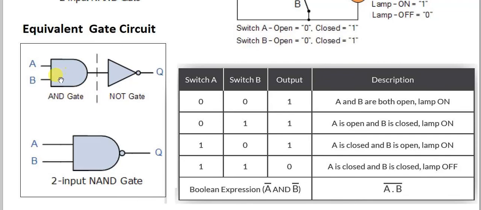So again, for inputs 0 0, 1 0, 0 1, 1 1, we get 1 1 1 0. In case of the AND gate we get 0 0 0 1. But the NAND gate means the inverter of the AND gate, and we get 1 1 1 0. That is the outcome.